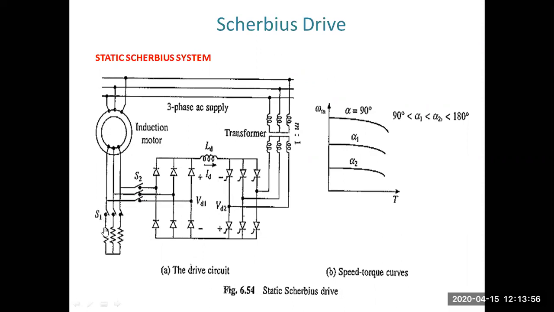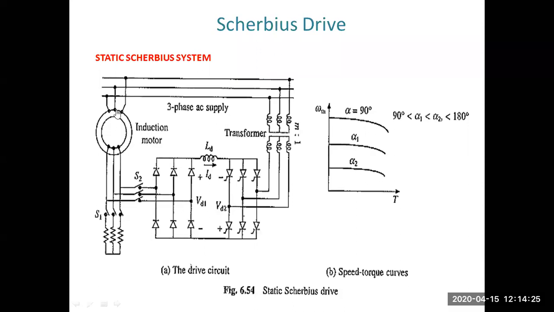When the motor has started and achieved its rated speed, we close switch S2 first, and then we open switch S1 afterwards. By connecting switch S2, the circuit of the rectifier and the inverter is connected to the rotor side.